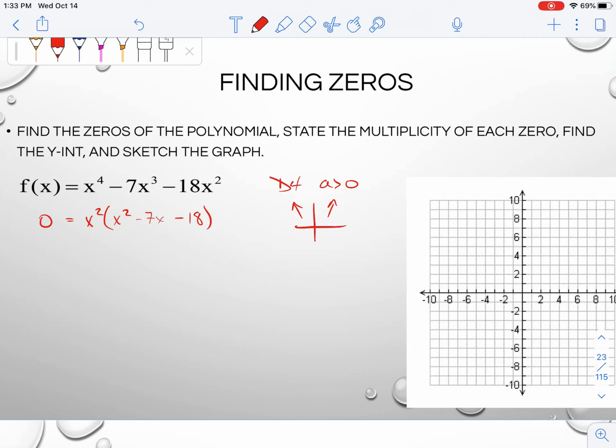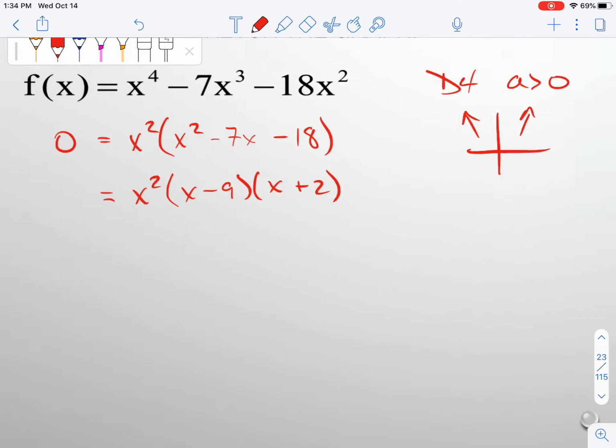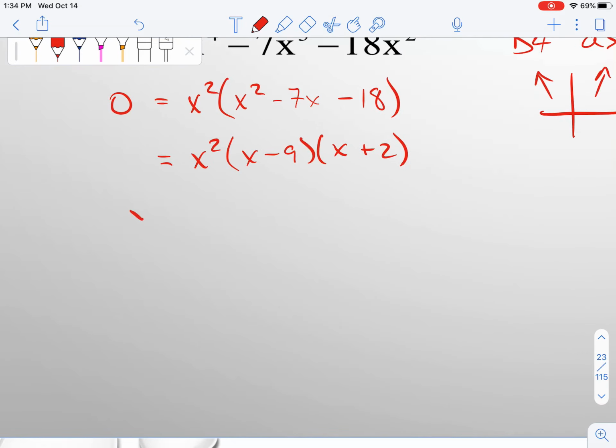I can factor further. Two numbers that multiply together to give me negative 18 and add to negative 7 are going to be negative 9 and positive 2. So what we're going to end up with then is x squared equals 0, x minus 9 equals 0, and x plus 2 equals 0.